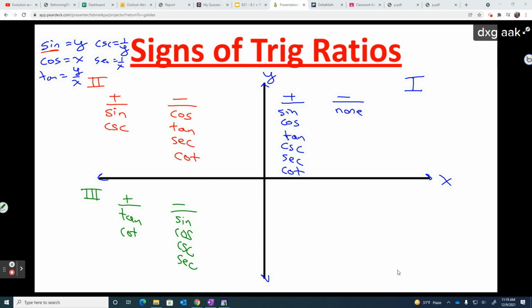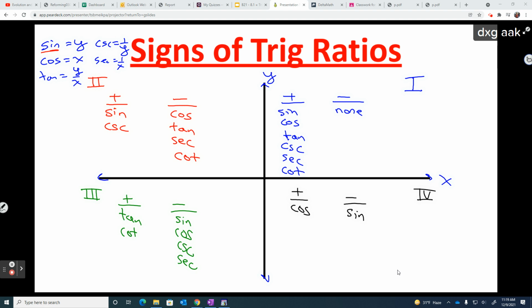And then our last one. So sine is y. Y is negative in this one, right? It's positive x and negative y. So the sine would be negative. Cosine is positive because it's the x.